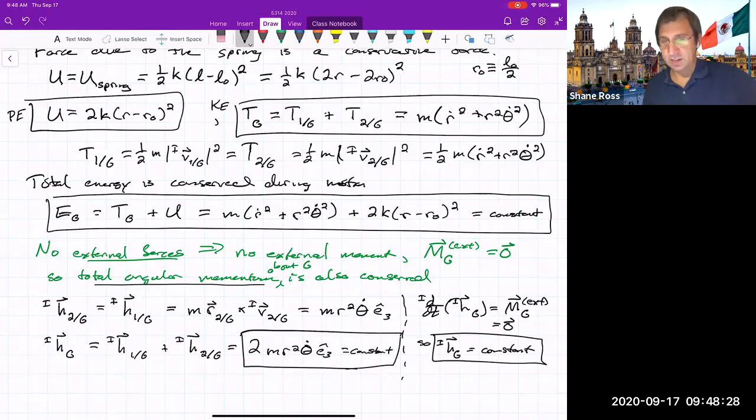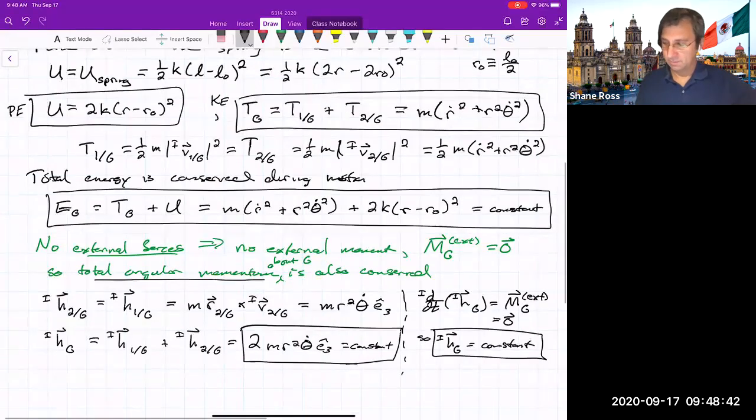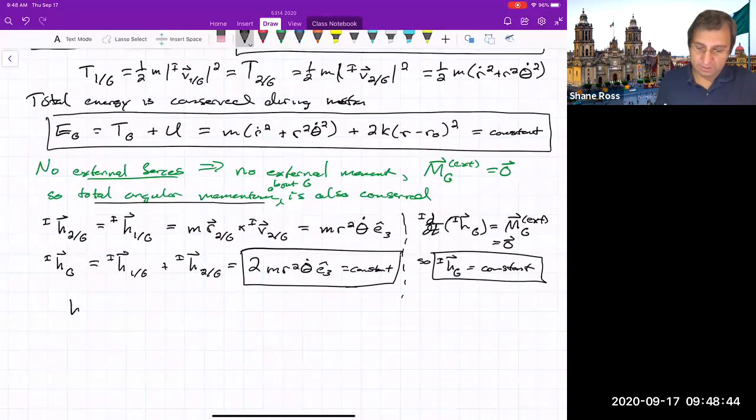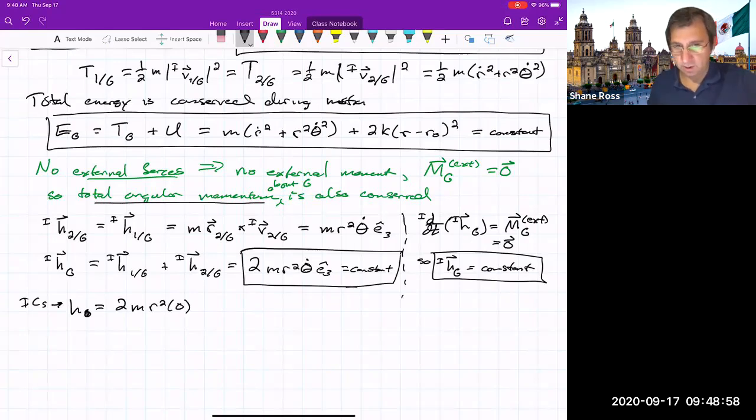meaning whatever we have for the initial conditions of r and theta dot, even though r and theta dot could fluctuate in time later, this product of the two must be constant. What do I mean? If you've got initial conditions, that's just an h sub 0, it's just some value: 2m, the initial r squared, and then the initial theta dot.